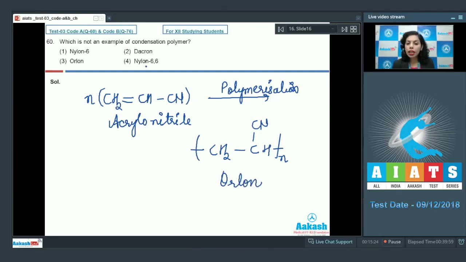Now what about nylon 66? Nylon 66 is also a condensation polymer of two substances: adipic acid and hexamethylene diamine. So definitely in this case the correct answer is option 3. That is the example of addition polymerization. So I'm just writing here, this is the process of addition polymerization, and the answer that you can choose here as the correct option is option 3.